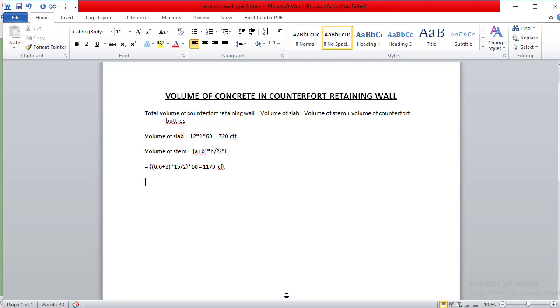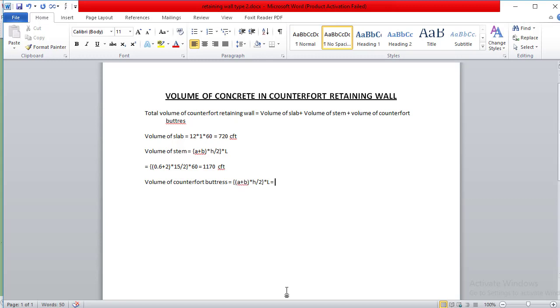So the volume of a counterfort buttress is equal to the same formula, because the counterfort buttress is trapezoidal in shape: (a plus b) multiplied by h divided by 2, multiplied by the length.